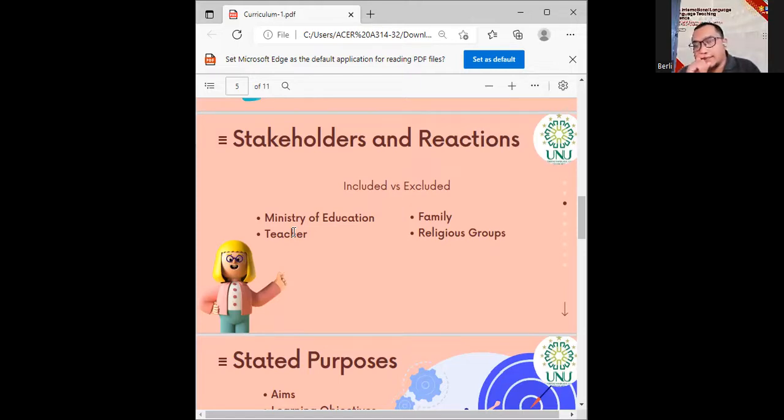Meanwhile, in terms of the excluded groups, we don't have family and religious groups in this context, and most countries seem to avoid that. The main reason could be that both of them are not interested in developing English curriculums in their respective countries.